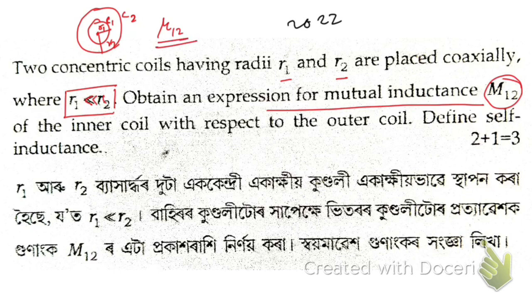So now let me take a new slide to explain this, okay. Suppose we have two coils, this is one and another inside it, okay. So the radius of this inner coil is R1 and that of the outer coil is R2. So R1 is very, very less than R2, right? We have taken it that way, okay.